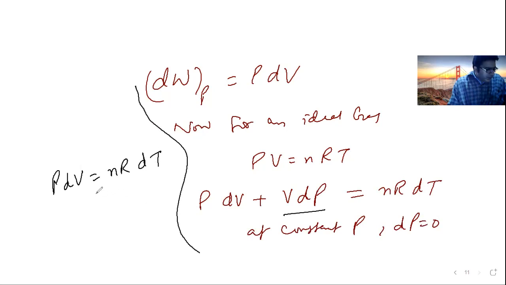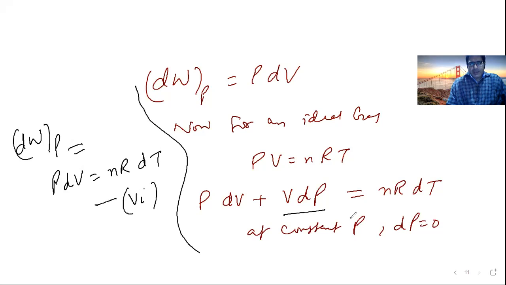PdV is what? The work done by an ideal gas at constant pressure. So dW_p is nR dT. Let this be my 6th.